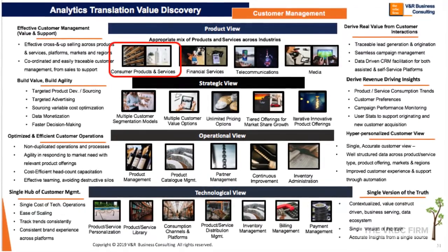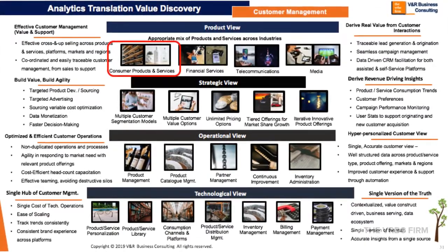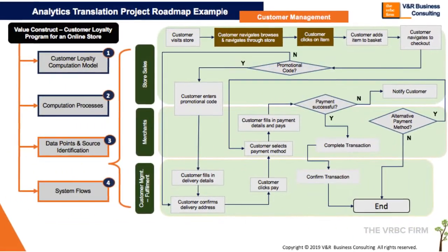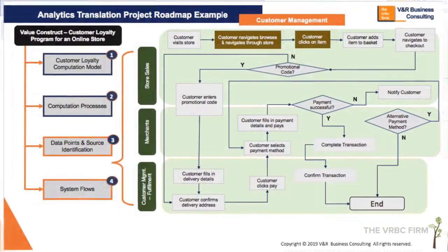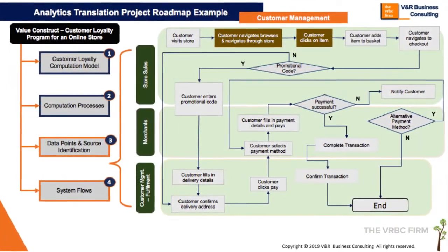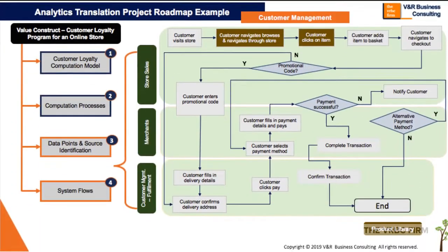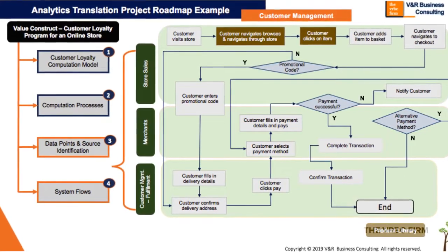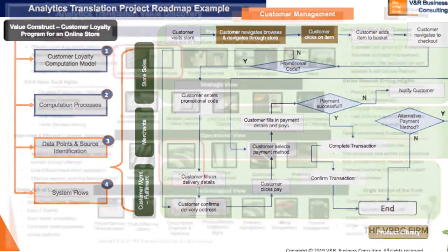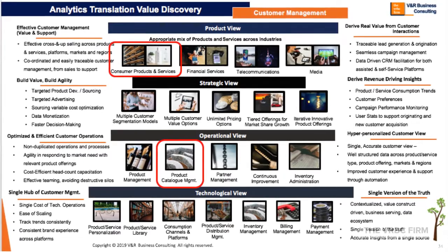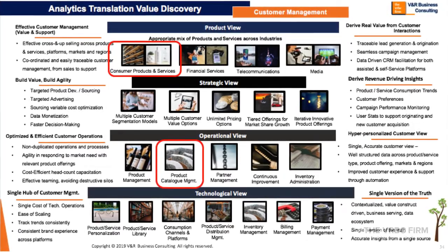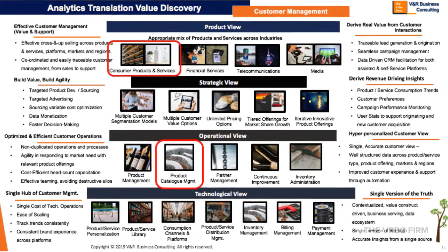In this case, we're dealing with consumer products and services. And the product browsing and selection is a store function that happens on the operational layer.